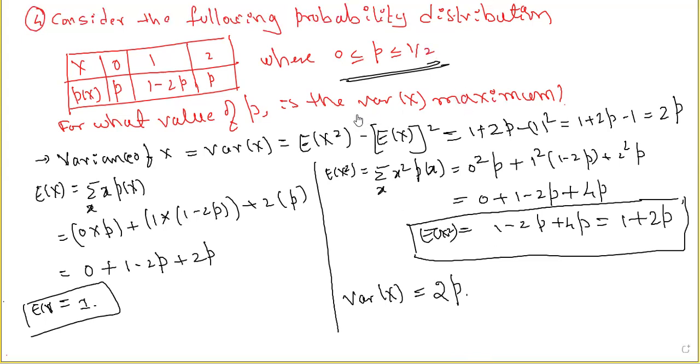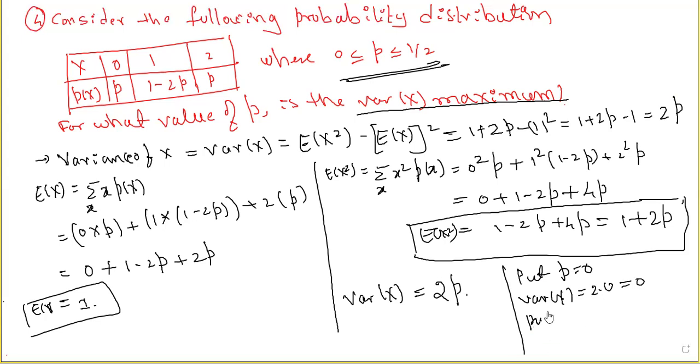So what they are asking is when your variance is maximum, right? So this variance is maximum whenever the p value is maximum, right? For instance, put p equal to 0. So what about variance of x? 2 into 0 will be 0. Put the upper limit, that is 1 by 2, put p equal to 1 by 2.